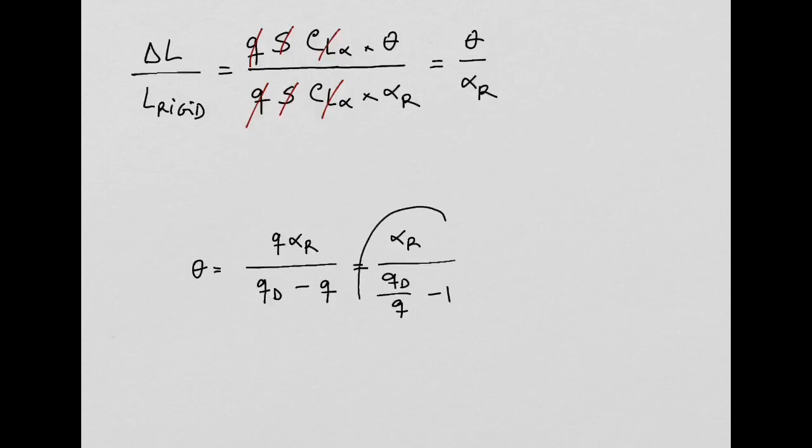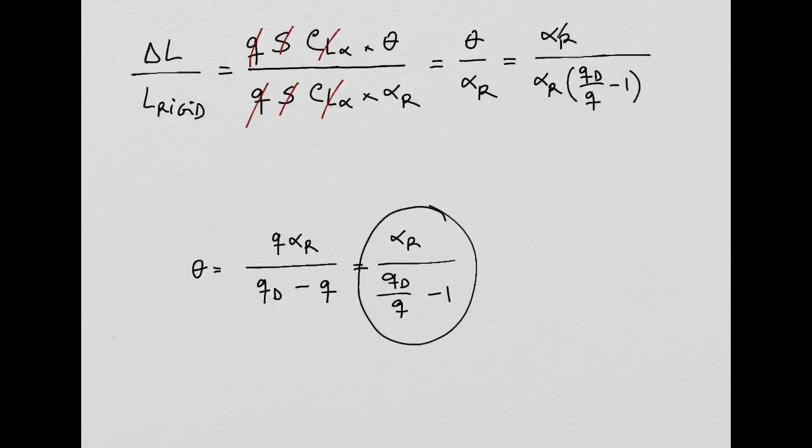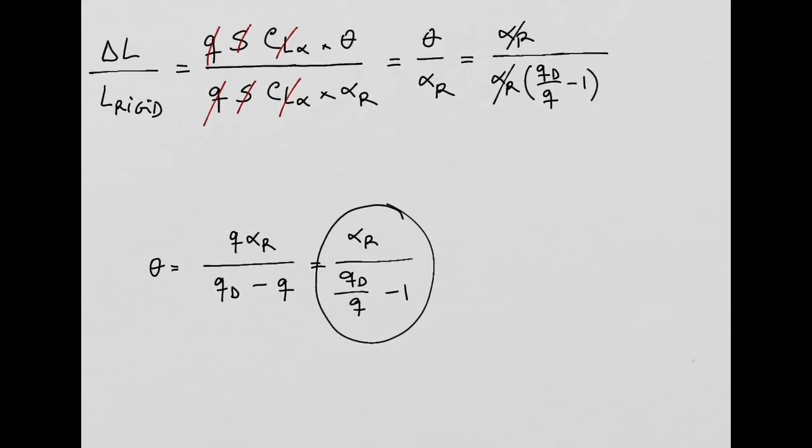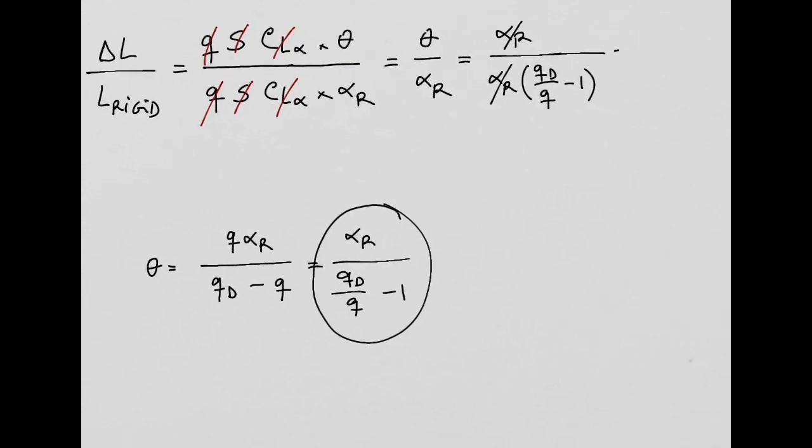So if I replace now, not lift, sorry, my angle theta by this equation here, I will get alpha r over alpha r times qd over q minus 1. This alpha r cancels, yeah?